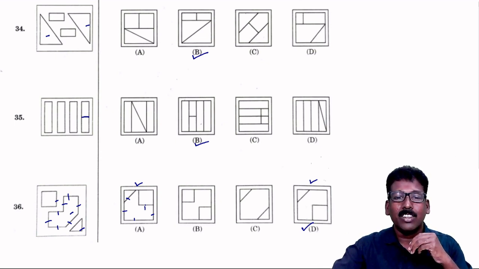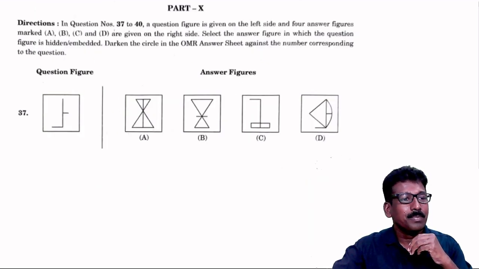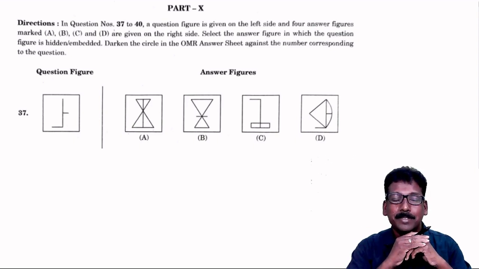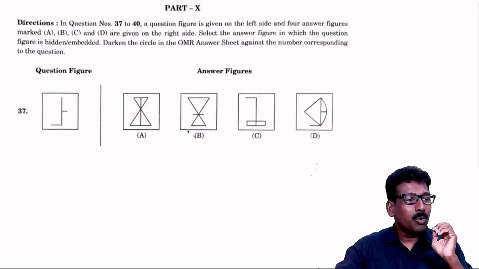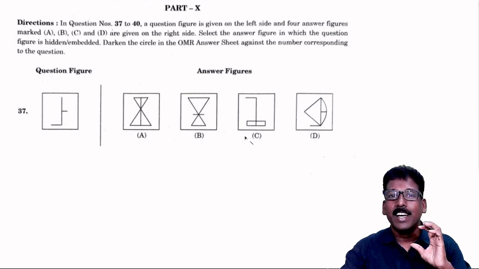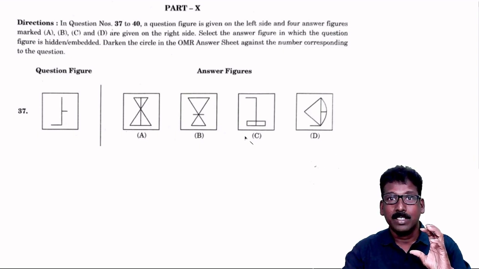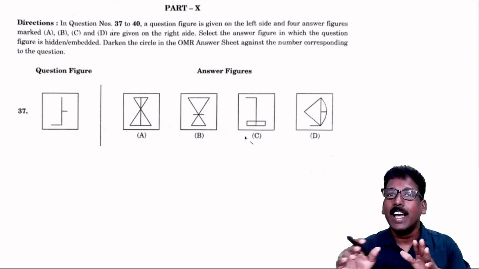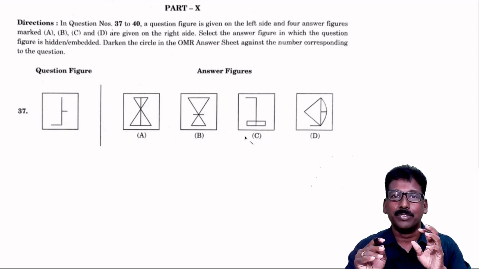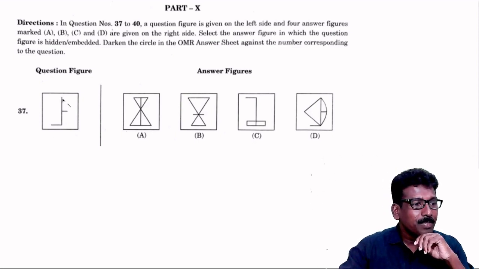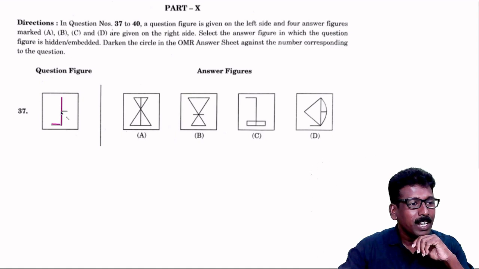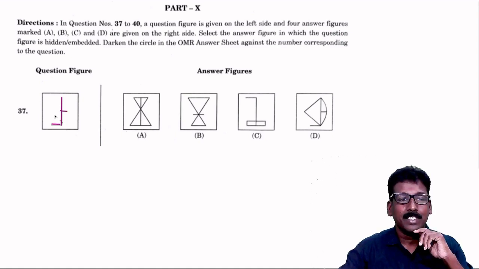Now look at the last part, that is part 10. Here a question figure is given. That figure is embedded in the answer figure, that particular portion is embedded in the answer figure. That you have to find out. Here you can see, yes, it is a mirror image of L, we can say, and one cutting is there.